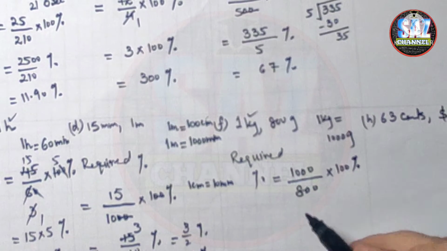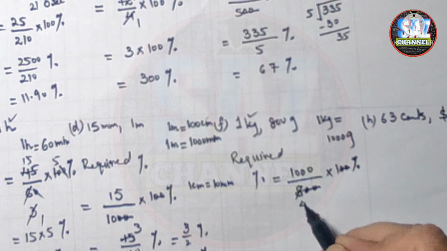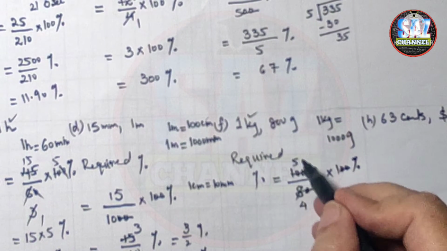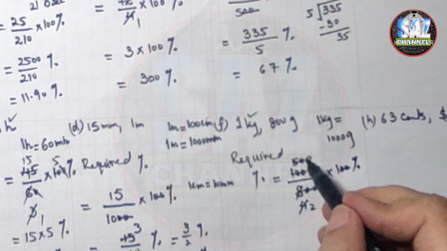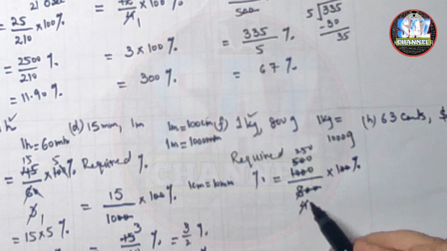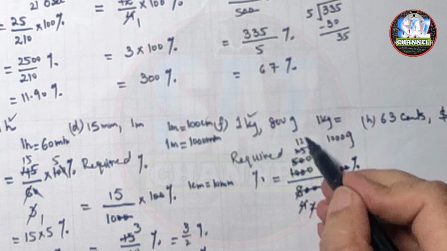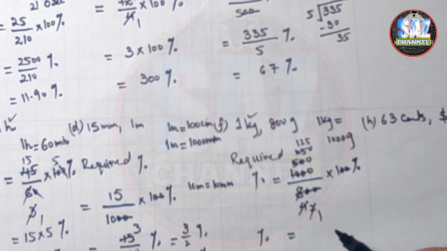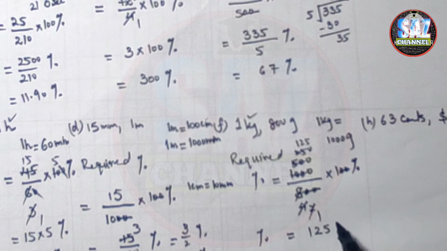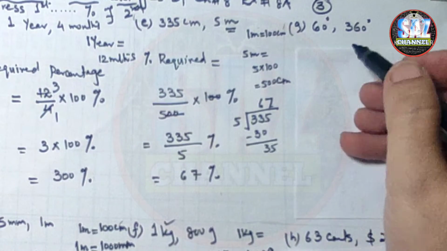And look, learn to make the calculation easy. This goes with this. 2 4s are 8, 2 5s are 10, 0s are, 0s are, 2 2s are 4, 2 5s are 10, 2 1s are 2, and 5s are 5. Percentage will be equal to 125%.